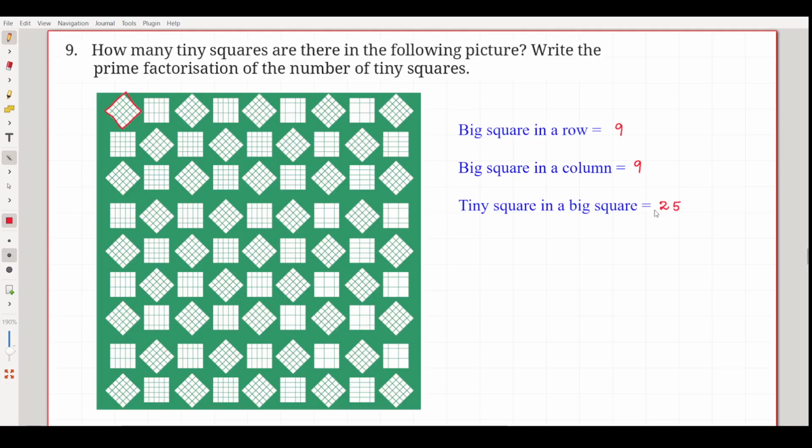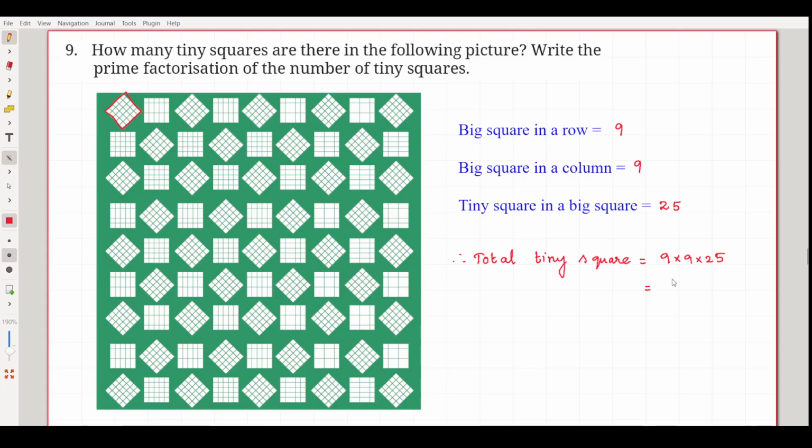Now we have to find out the total tiny squares. How will you find out? In one square we have 25 tiny squares, so for the total, it is 9 into 9 into 25.